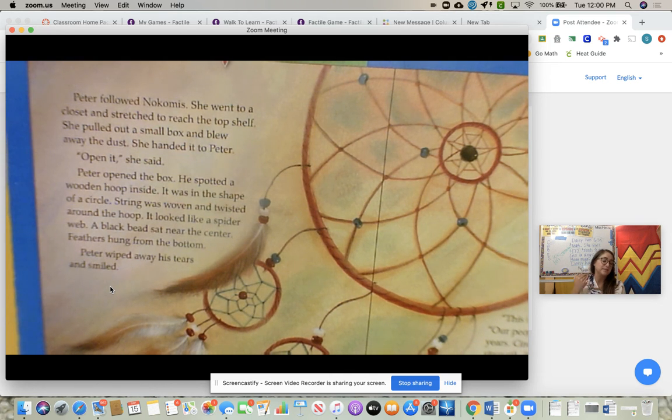He's wiping away his tears. So he's happy because his problem is solved. The problem is he doesn't have a presentation. He doesn't have a tradition to share for his presentation. That's the problem. The solution is his grandma is sharing with him a dream catcher. So he knows, okay, I'm going to talk about a dream catcher.